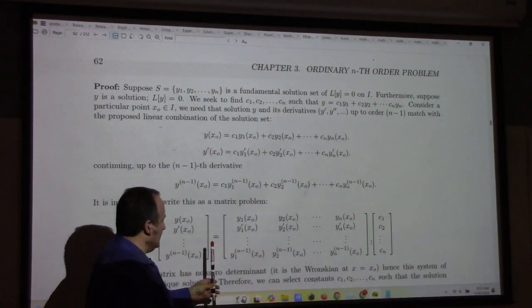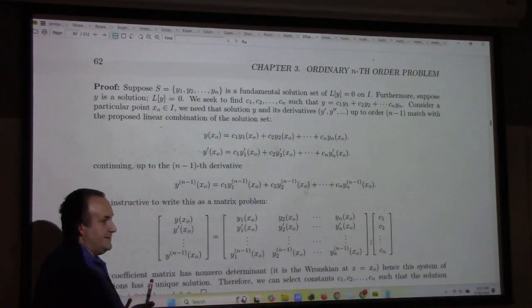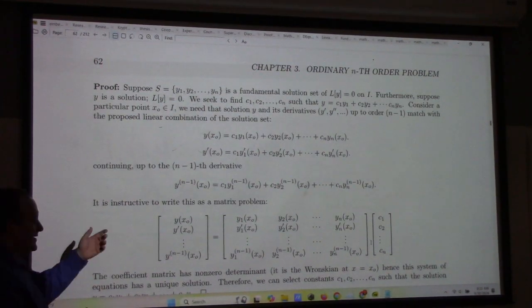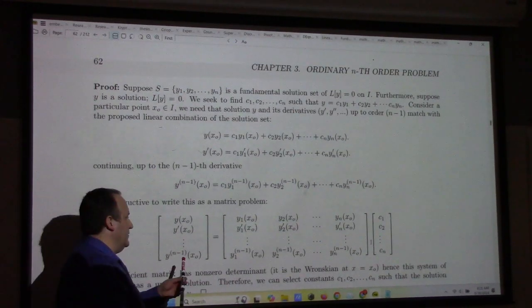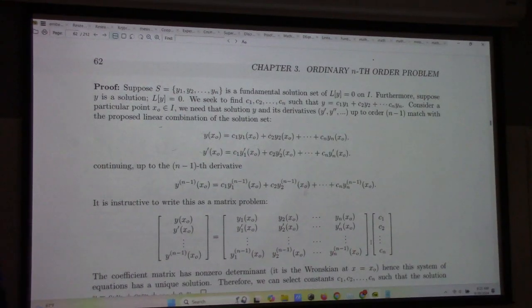But the thing is, this matrix right here is the Wronskian of those n functions, which we know is an invertible thing. So we can solve for the constants and get a unique solution to the initial value problem here.